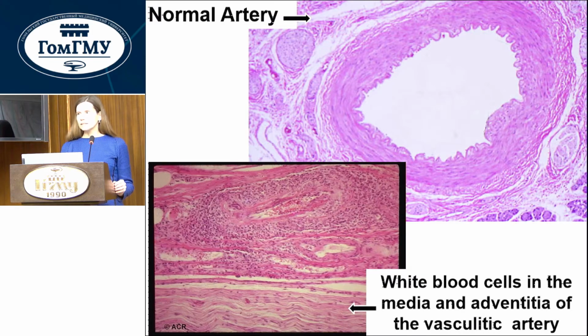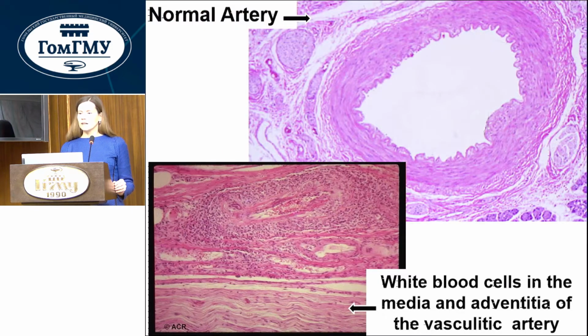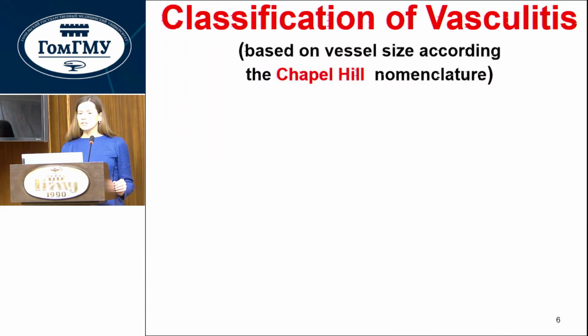Classification of vasculitis is based on Chapel Hill nomenclature and depends on the size of the vessel. We have large vessel vasculitis like giant cell arteritis and Takayasu arteritis; medium vessel vasculitis, for example polyarteritis nodosa and Kawasaki disease more often; and small vessel vasculitis.